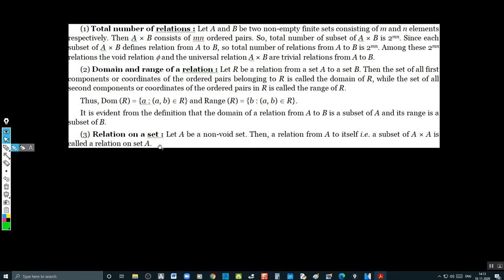In an ordered pair, if you take the first element, this is A, the domain, and B is the range. You can understand it as input and output. Whatever value you give is the input, and whatever value you get is the output. That is nothing but the domain and range.